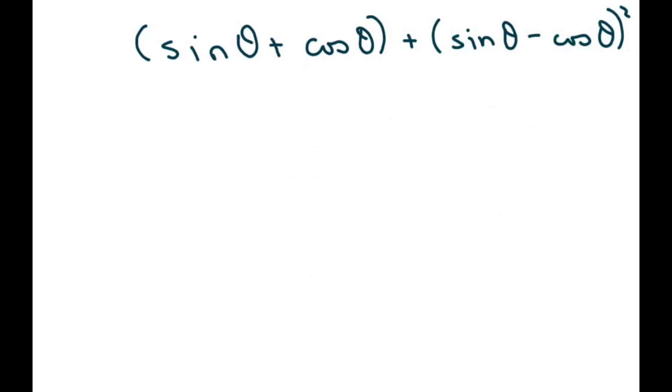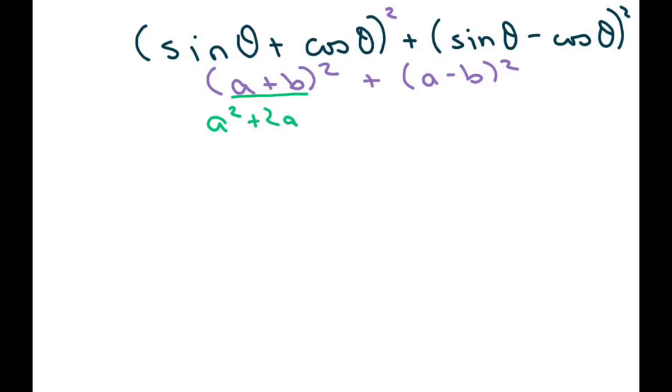All right, next one is this one. You just need to know that these are both squared, that this is your form of a plus b squared plus a minus b squared. We know that this equals a squared plus 2ab plus b squared, and this one's going to be a squared minus 2ab plus b squared. So my a is sine and my b is cosine.